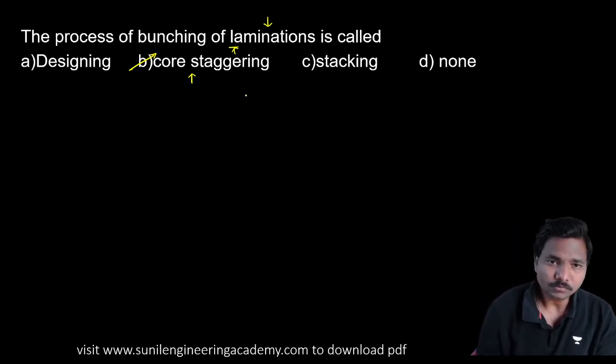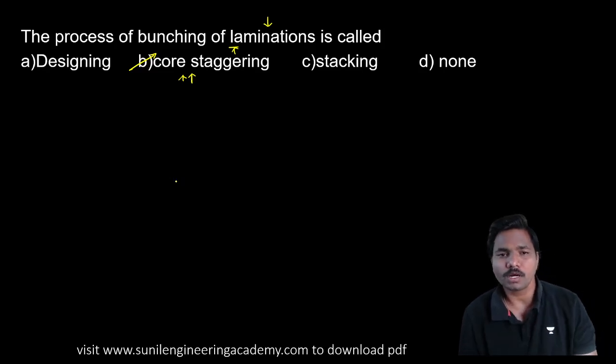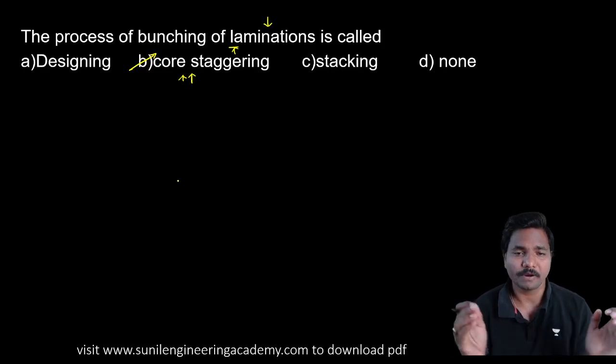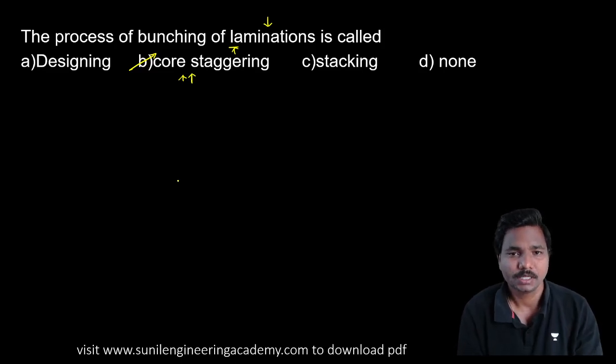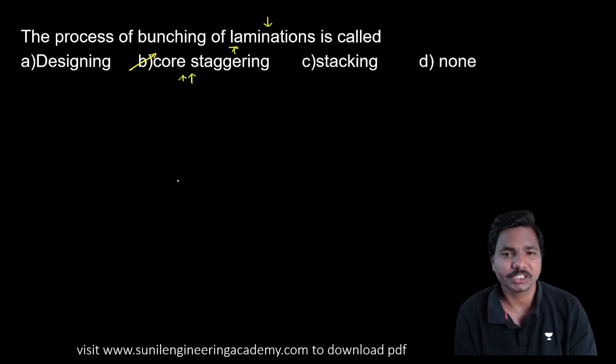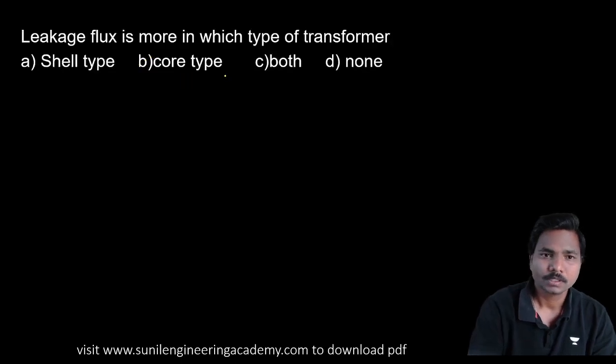The process of bunching of laminations is called core staggering. If we do not do the core staggering perfectly, there is a problem of magnetostriction. That means the cores may vibrate, so we get vibration and noise. So we have to do core staggering perfectly.